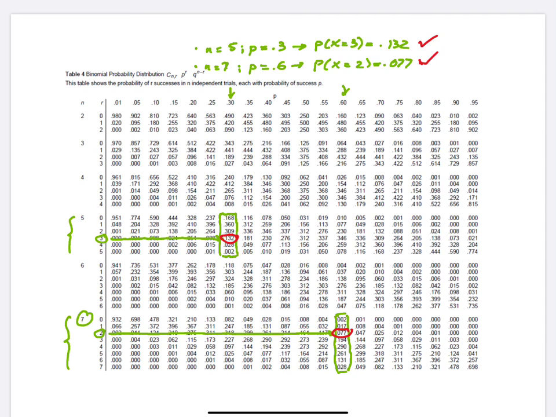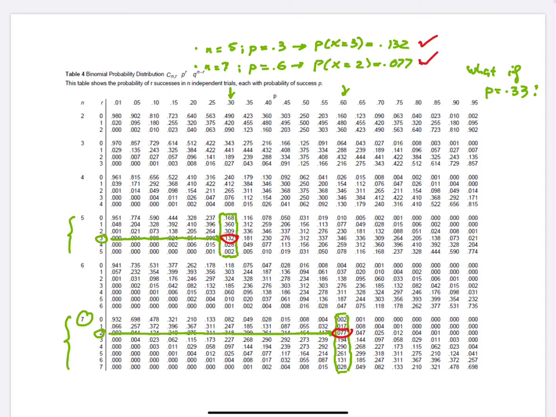Now, what is a weakness of this table? You can tell immediately that it doesn't give you the probability distribution for all p's, for all probabilities of success. For example, what if p is equal to 0.33?